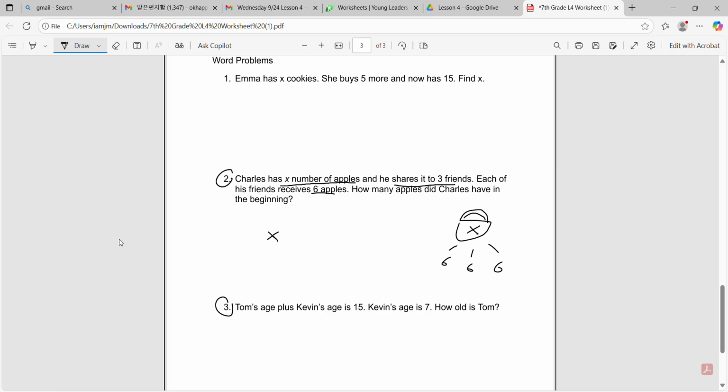So x minus 3 times 6. This will be the amount that he lost.